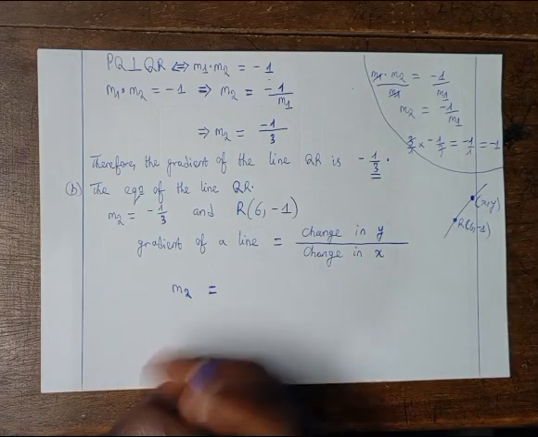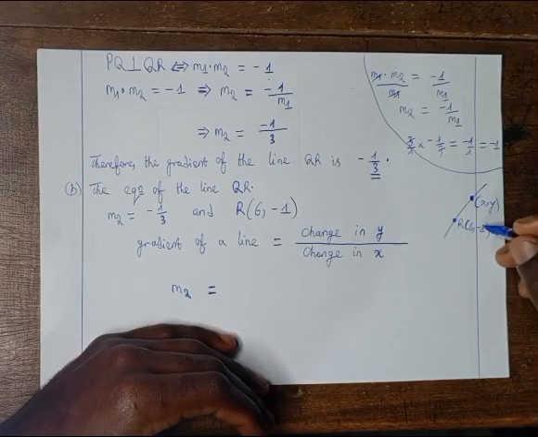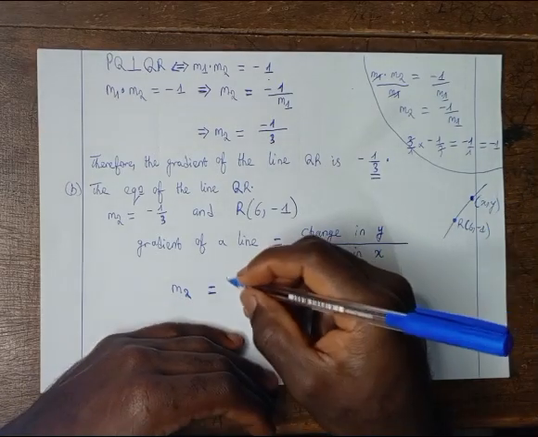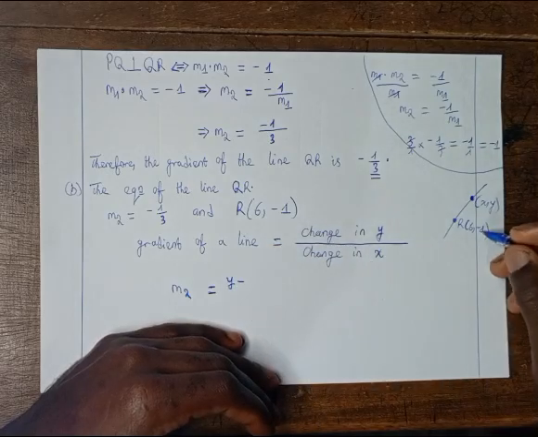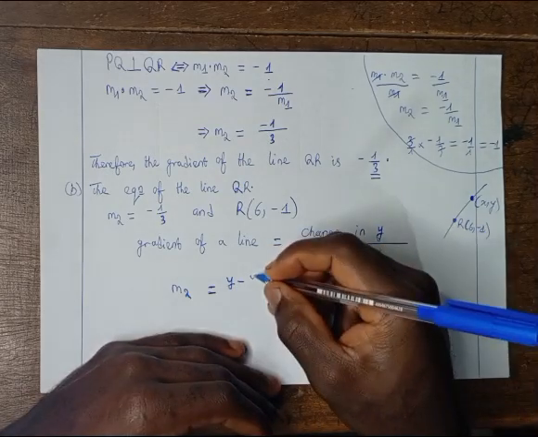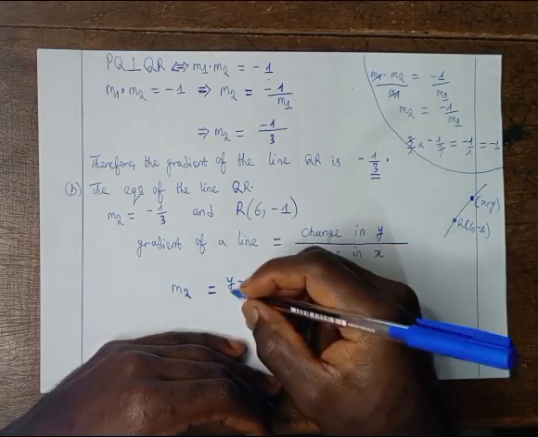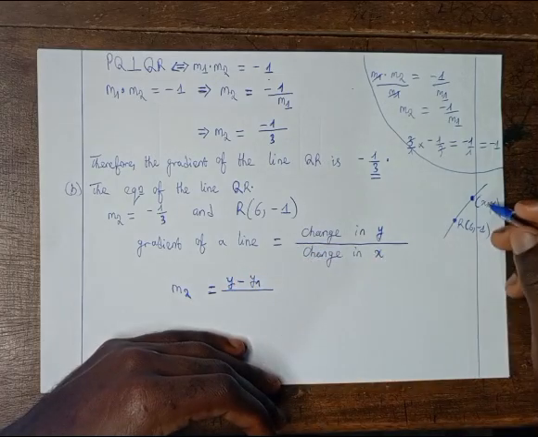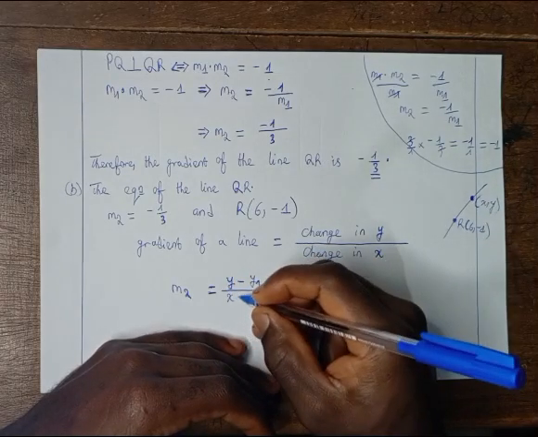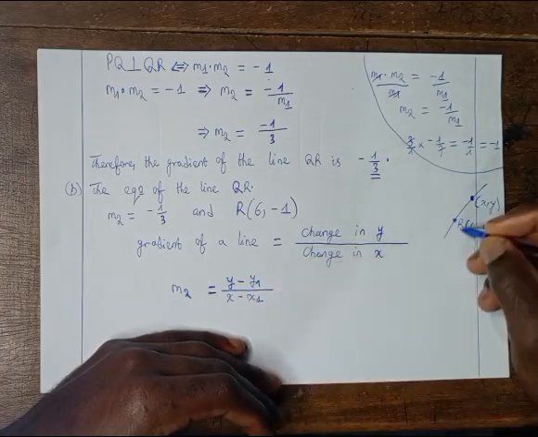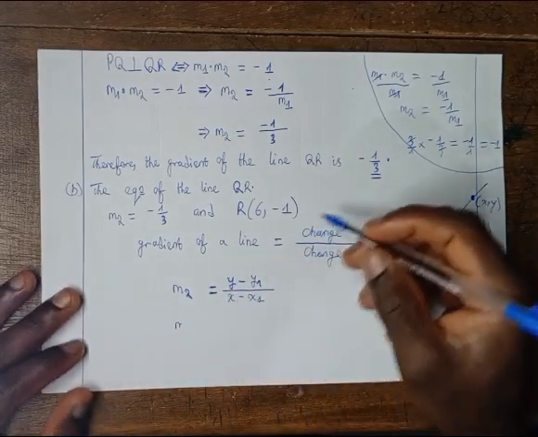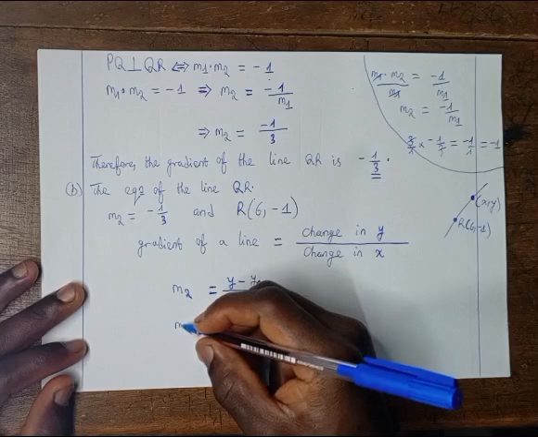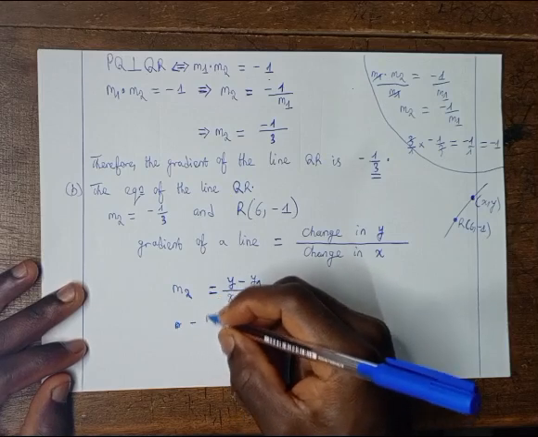For us to get the gradient, this will give us y minus y1 all over x minus x1, which gives us m2. We replace m2 with its value, negative 1/3.